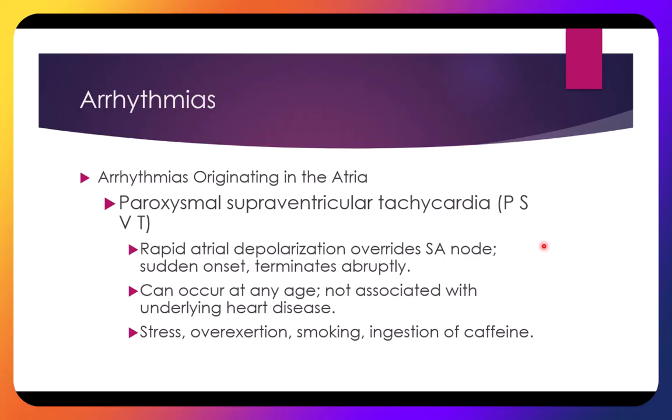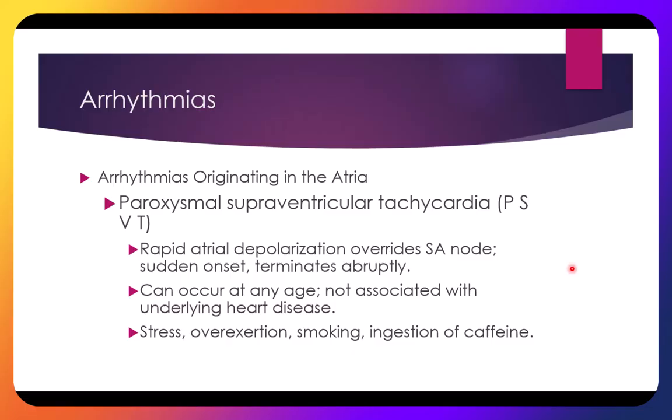That's perfectly okay. In essence, what we see here is that the atria can override the SA node and begin to fire really fast. Now, we talked in class about sinus tachycardia being any heart rate that is above 100, as long as everything else is coming from the SA node. With PSVT, it is going to be firing from someplace in the atria, and it is actually going to be faster than 130 beats a minute.